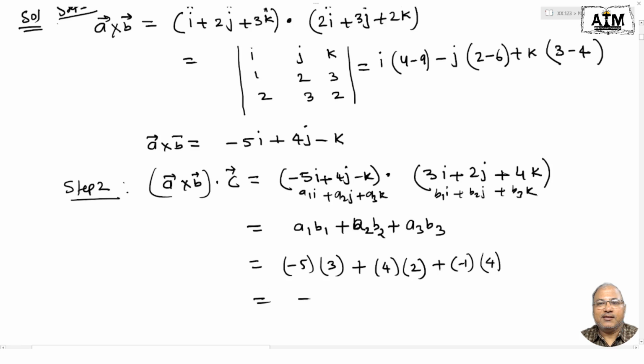This result equals minus 15 plus 8 minus 4. That is minus 15 plus 4, equals minus 11. Therefore, the triple product of A, B, C is equal to minus 11.